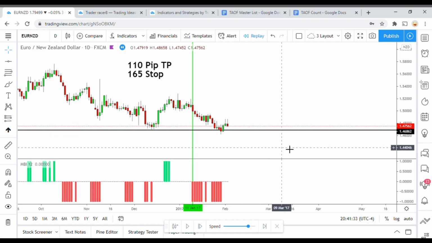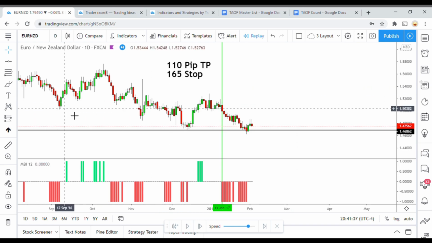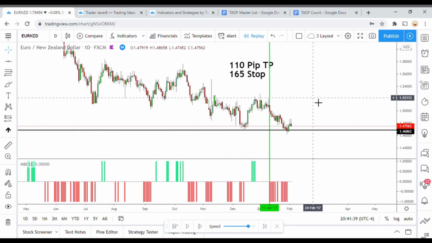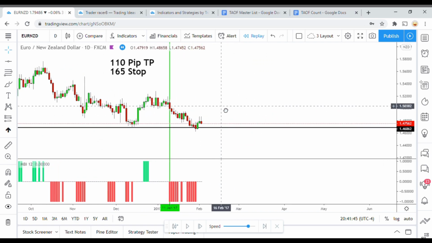It appears as though it's starting to lose a little bit of momentum. It appears that it's starting to chop sideways some, and we are picking up some wicks down here at the bottom.